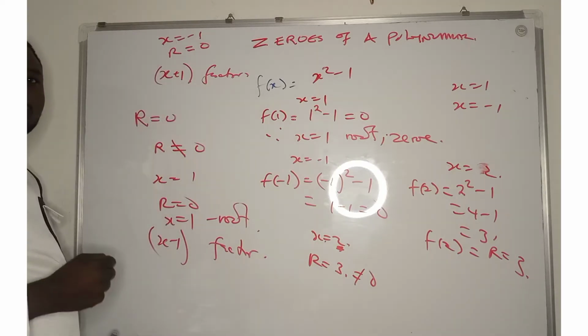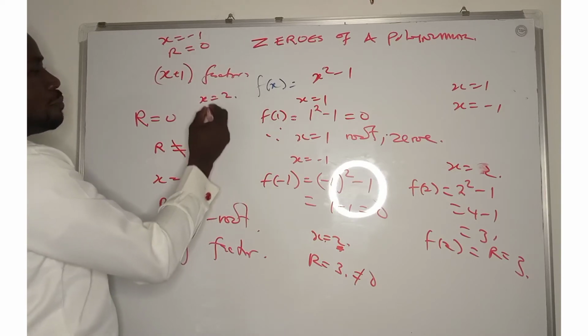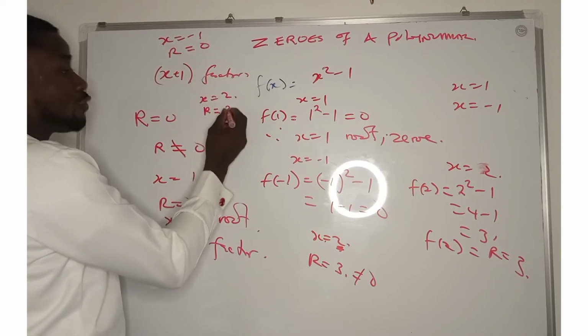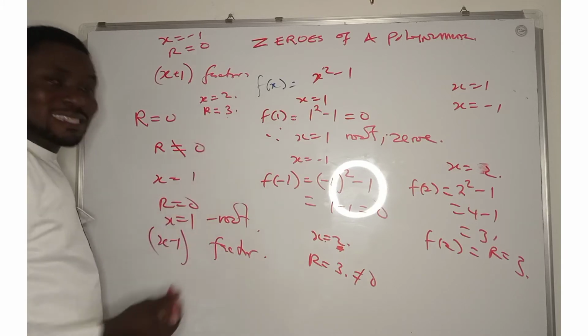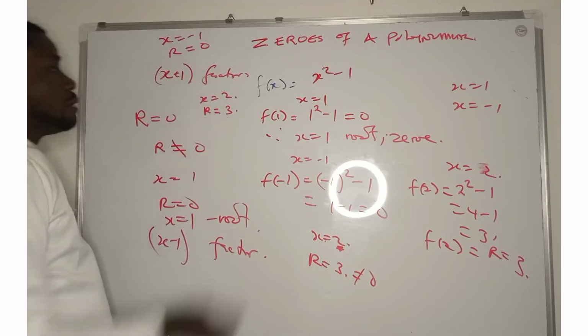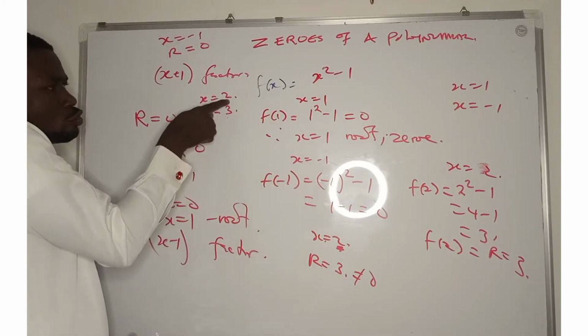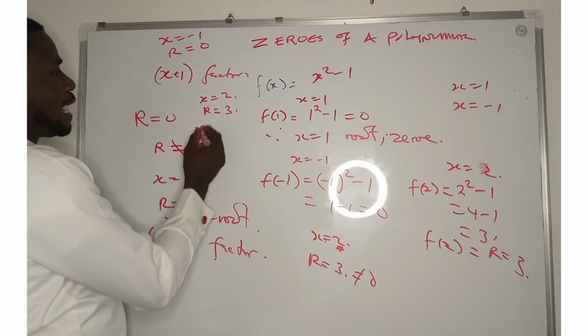Factor is simply when you move that root to the other side so that you now have a binomial. Now, in the case where we say let x equal to 2, remember that the remainder was 3. And because the remainder is 3, it means that this 2 is not a root. It is not a 0 of that expression. If I move this 2 to the left hand side, it becomes x minus 2.